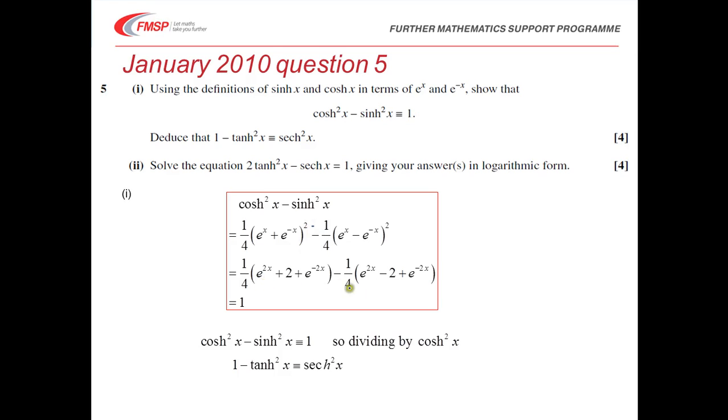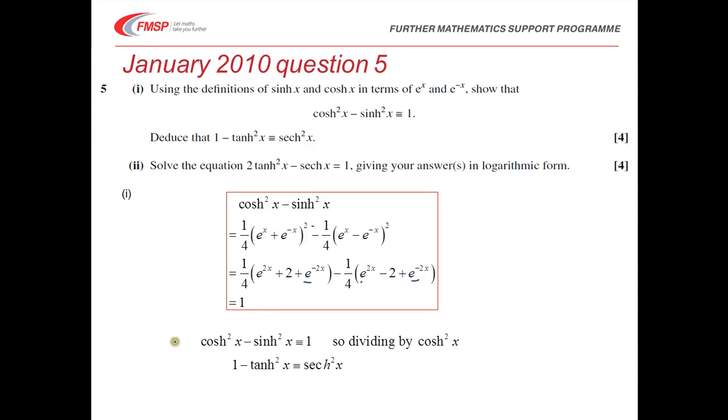So this one and this one will cancel out, as will the e to the minus 2x and the e to the minus 2x here. And then all we're left with is the 2 plus 2, which is 4, so a quarter of that is 1. So just make sure that you can go through and prove that identity.